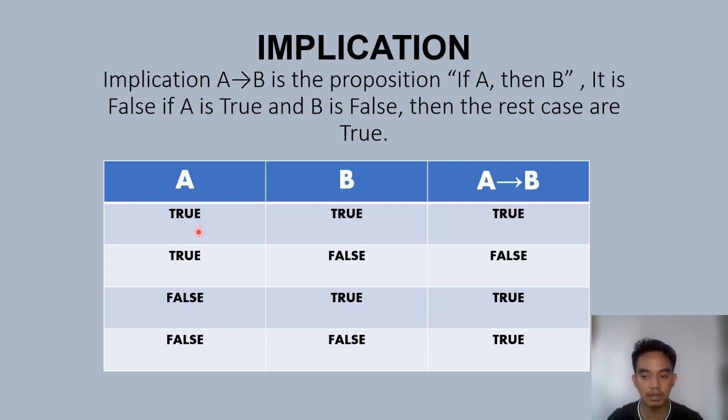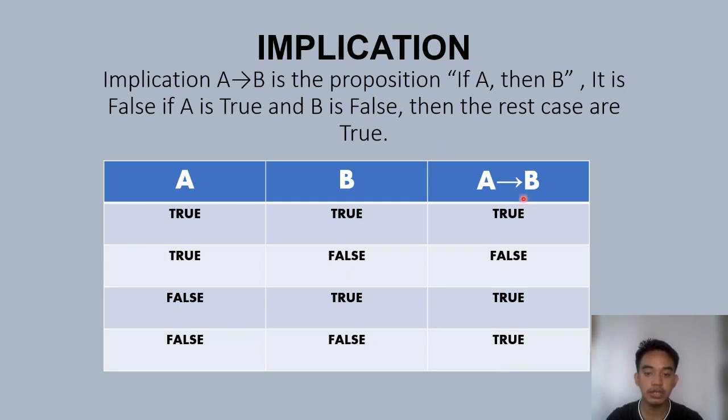If propositions A and B are true, true, the implication is true. If A and B are true, false, the implication is false. If A and B are false, true, the implication is true. If A and B are false, false, the implication is true.